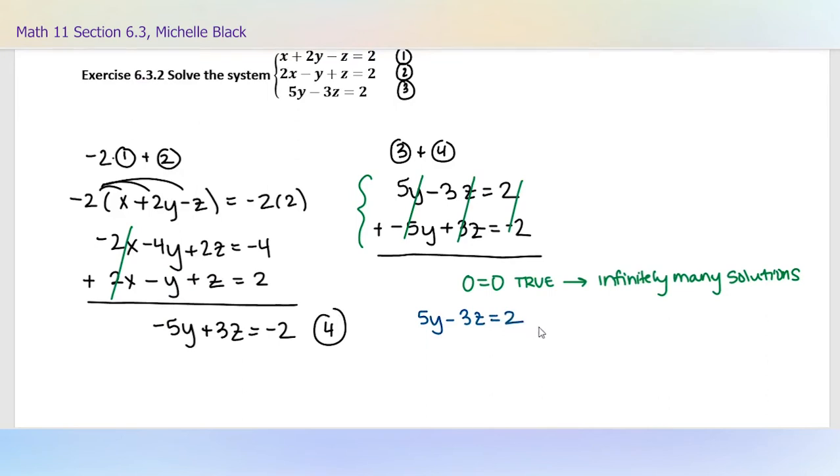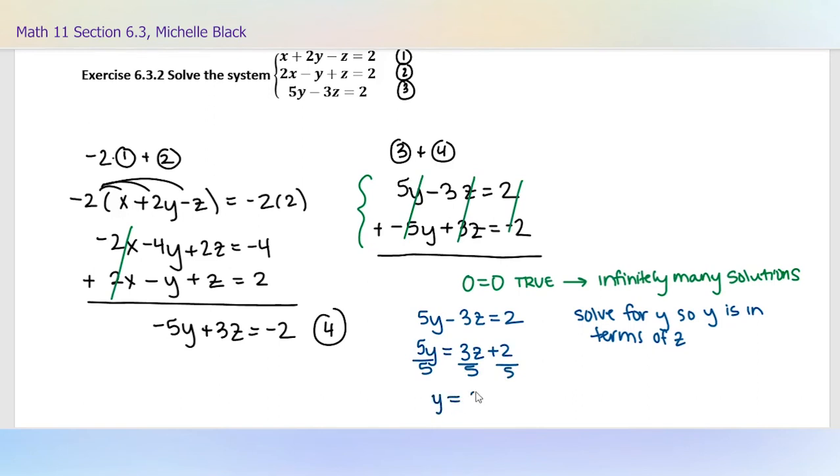I'm going to solve this for y so that y is in terms of z. So basically add 3z to the other side and divide by 5. So y is equal to 3/5 z plus 2/5.